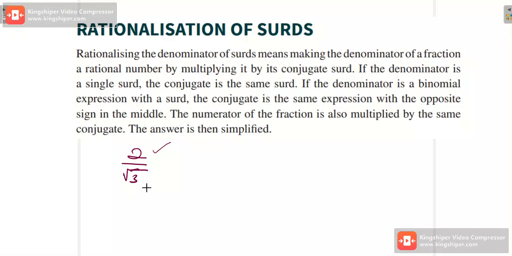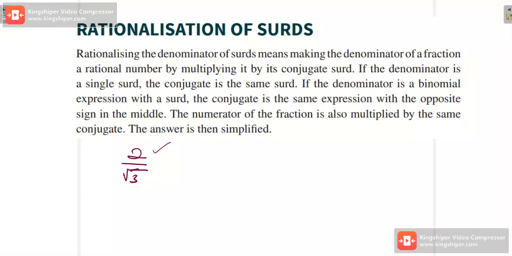The process of transforming the irrational denominator to become a rational denominator is what we call rationalization. And we have learned that for you to transform an irrational number, that is a surd, to a rational number, you need to multiply it by its conjugate.